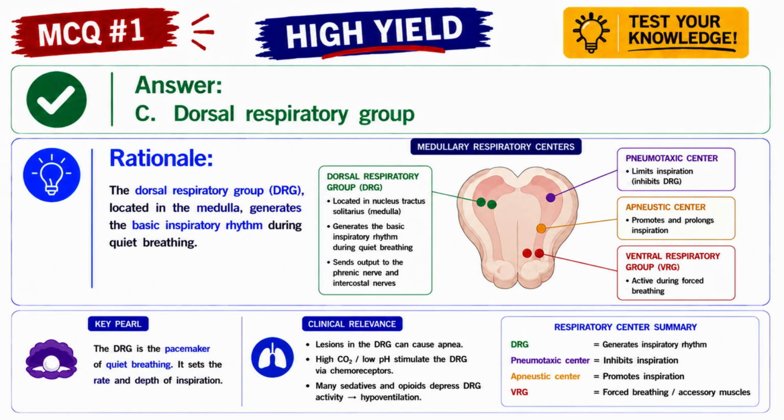Here's why. The respiratory control system has multiple components, each playing a distinct role, and knowing which does what is essential for boards. The dorsal respiratory group, DRG, is located in the dorsal medulla, specifically in the nucleus tractus solitarius. This is the pacemaker of quiet breathing.